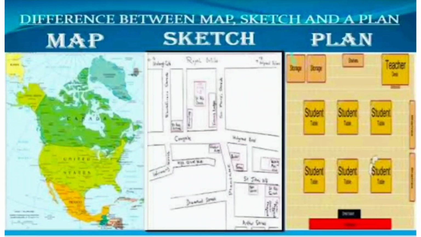A map is a representation of the curved surface of the whole earth or part of it on a flat sheet of paper according to the chosen scale. Whereas a sketch is a rough drawing showing only some features of an area drawn without using any scale. A plan is a drawing of a very small area showing details drawn using a very large scale.